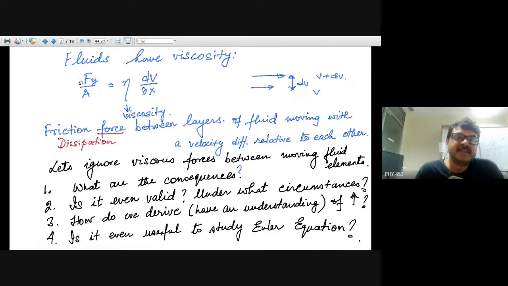So hence there is a force per unit area, because if you increase the volume of the fluid, or the area of the fluid which is moving past each other between these two layers, the force has to increase. So force per unit area is eta, the viscosity, into dv, the change in velocity along the x direction.